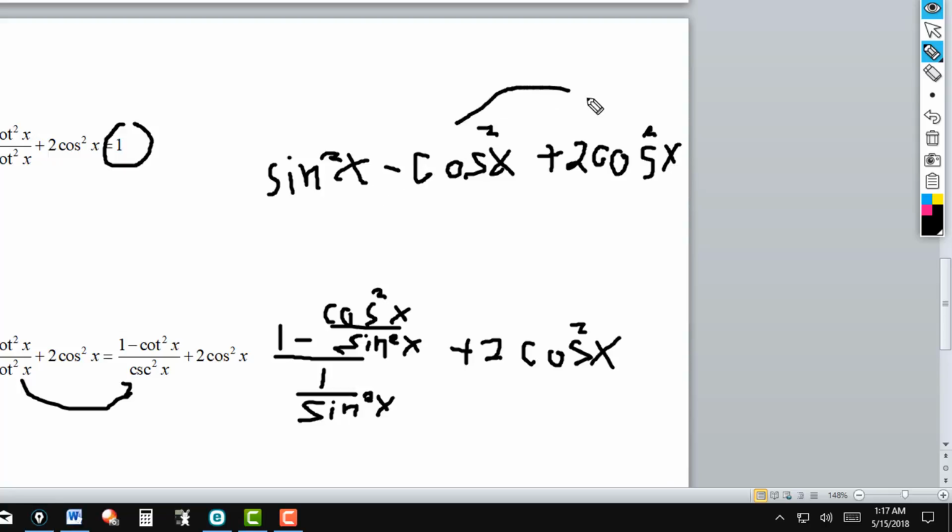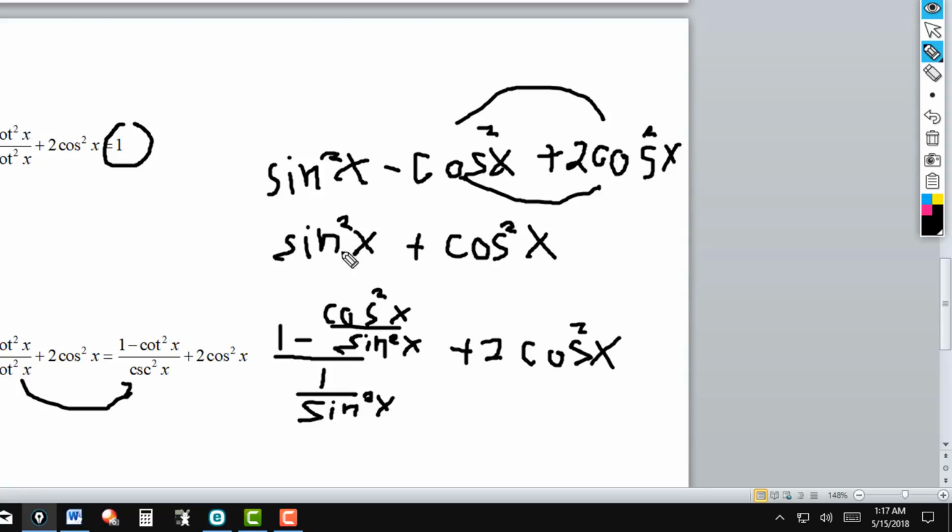Well, here you can combine these two. So again, multiplying here by sine squared of x, I get this here, plus 2 cosine squared. These two combine, so that'll give me sine squared of x plus cosine squared of x.